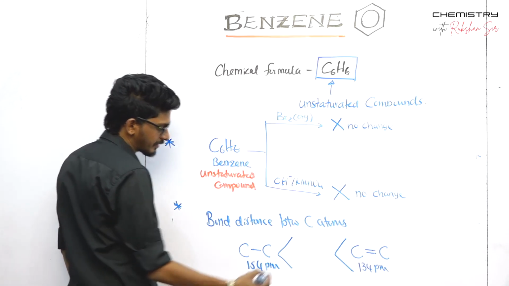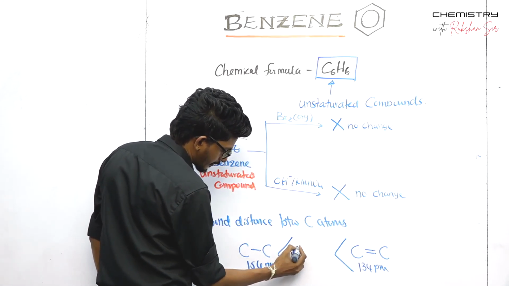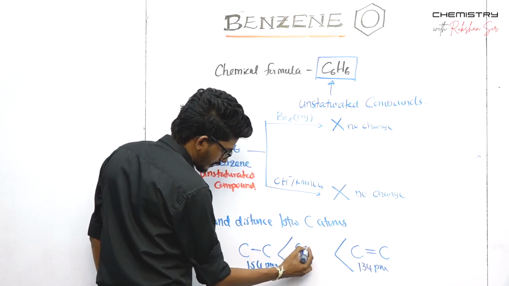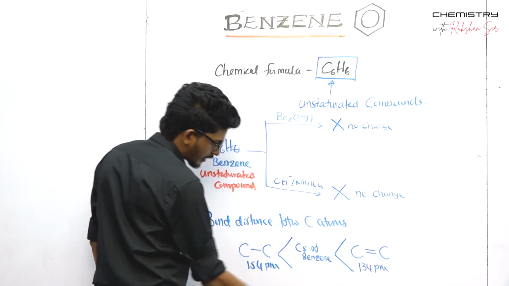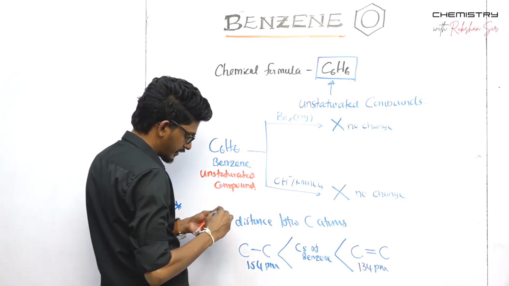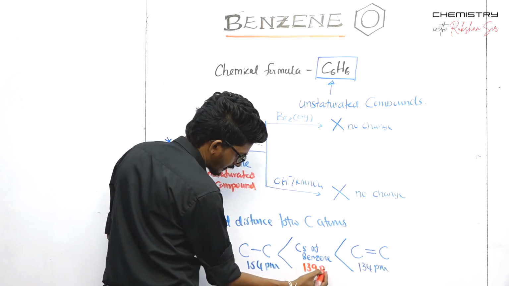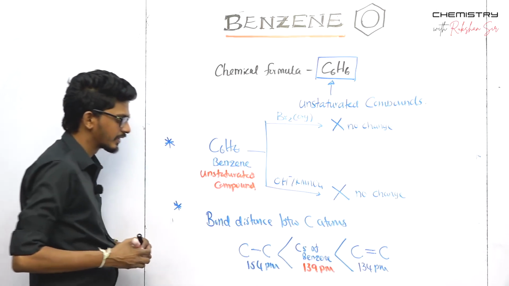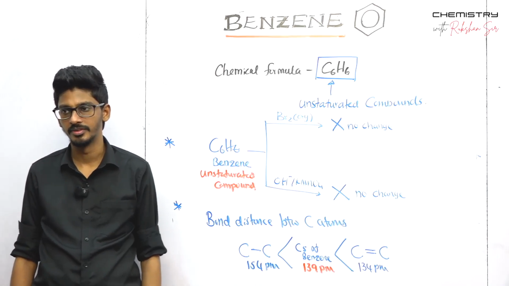But the carbons of benzene are with a bond distance of 139 picometers, which is actually in between the carbon-carbon single bond value and the carbon-carbon double bond value of hydrocarbons.